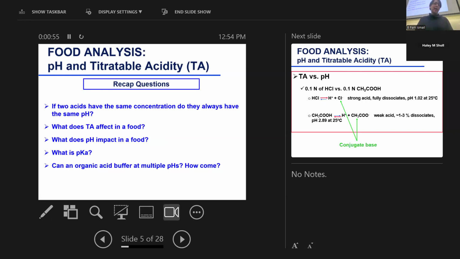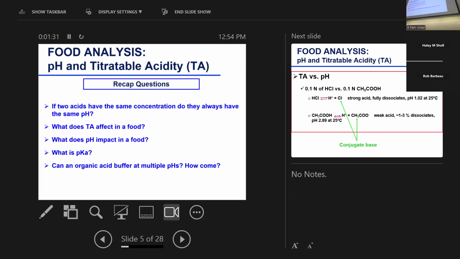Okay, both lab groups. All right, so let's just refresh your memory. We started talking a little bit about pH and the difference between pH and total acidity. If two acids have the same concentration, do they always have the same pH? No. Why not? Some things like the ionization strength. Yes, so it depends on the dissociation of the acid.